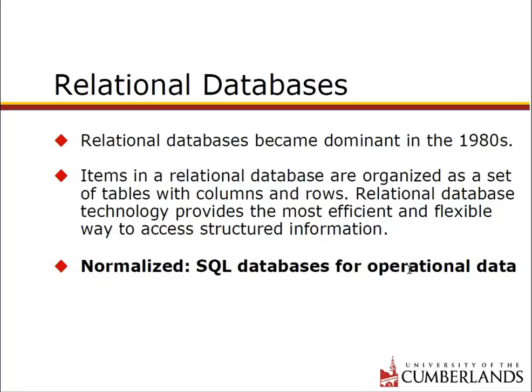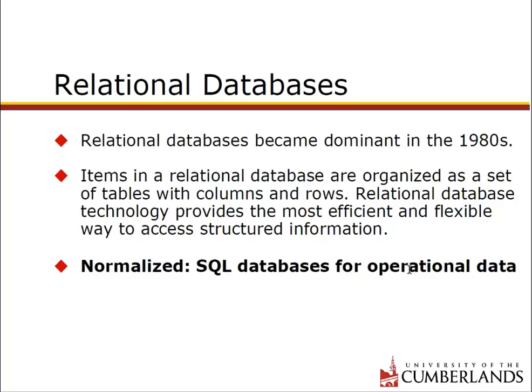Think of each table as representing a specific entity or concept. In risk management, you might have a customers table, a loans table, an accounts table, and a transactions table. Each row in a table represents a specific instance: one customer, one loan, one account, or one transaction. Each column represents an attribute or property of that entity.